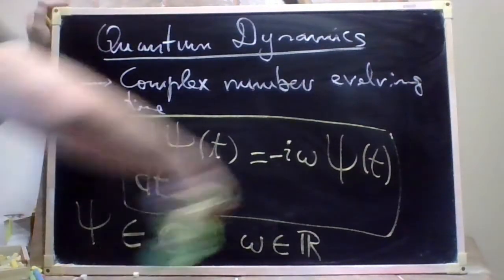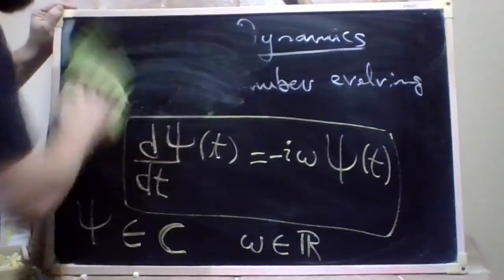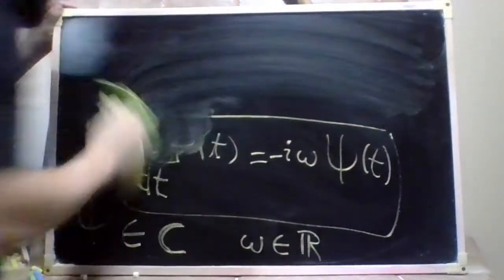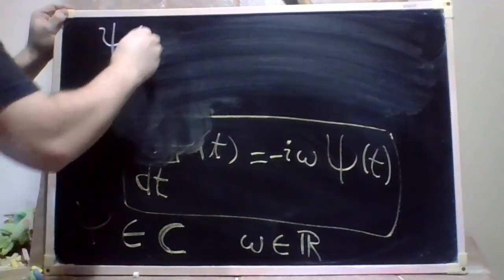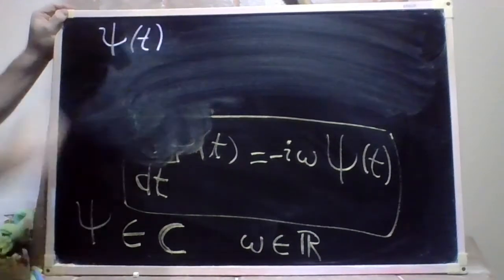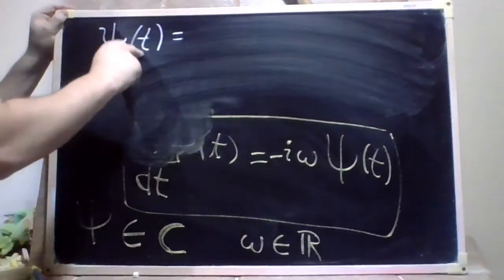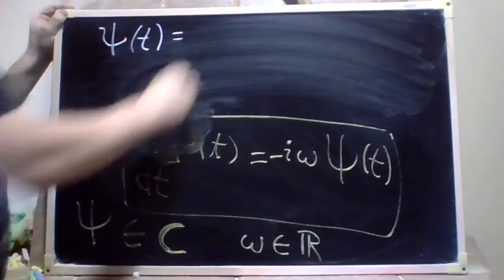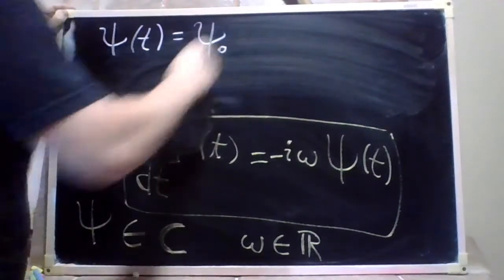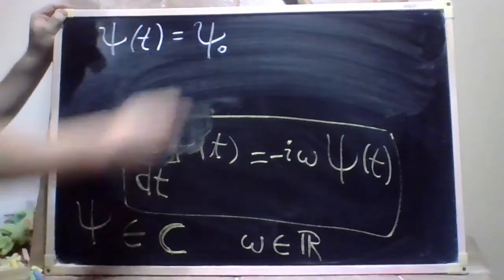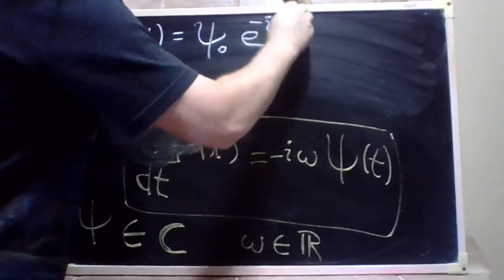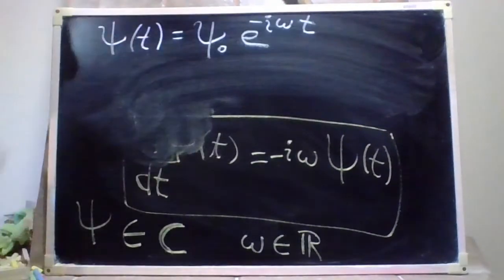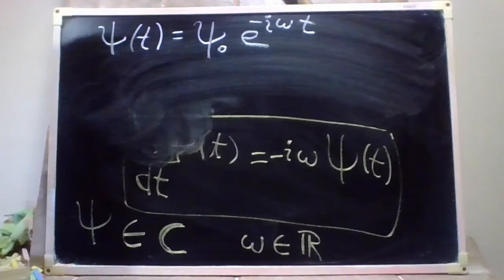This equation is very well known, and the solution to that is just of this form: psi of time t is equal to a constant complex number, say psi 0, multiplied by the exponential of minus i omega t, all right? So this is the solution for the previous equation.